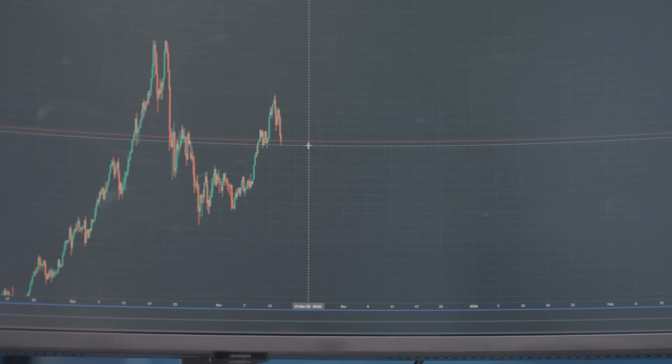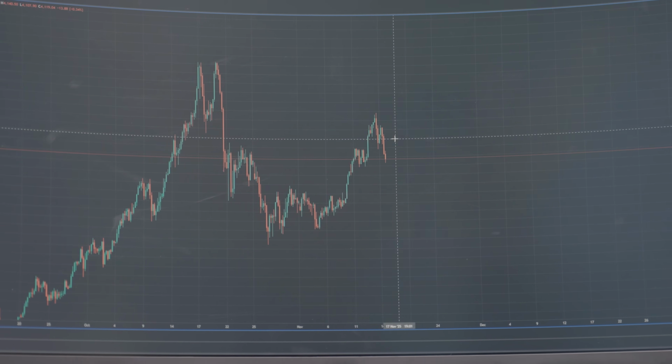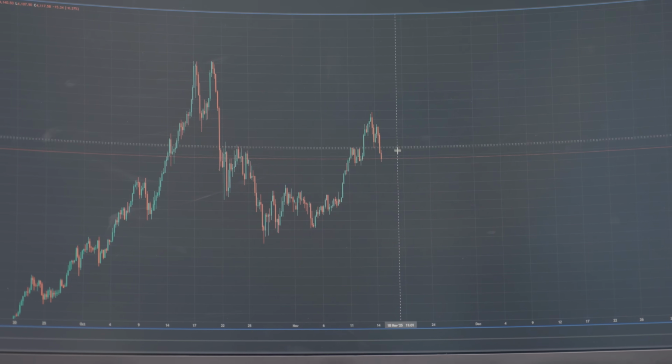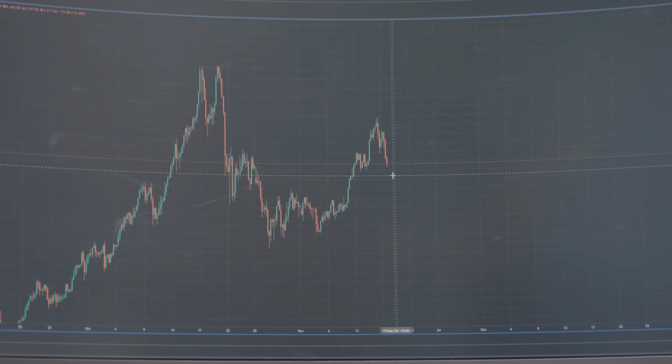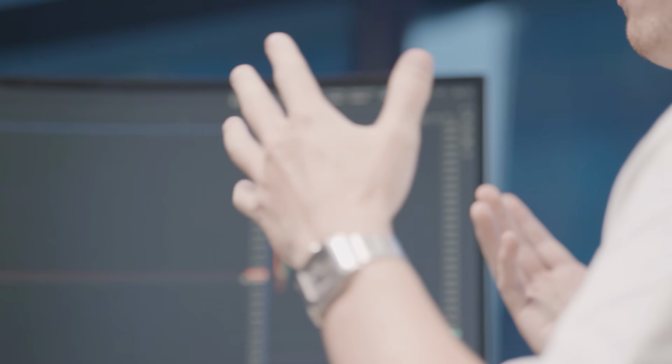So if we now anticipate on the 4 hour us forming a new high and going up, where do you think we'd be looking to buy? As low as possible.